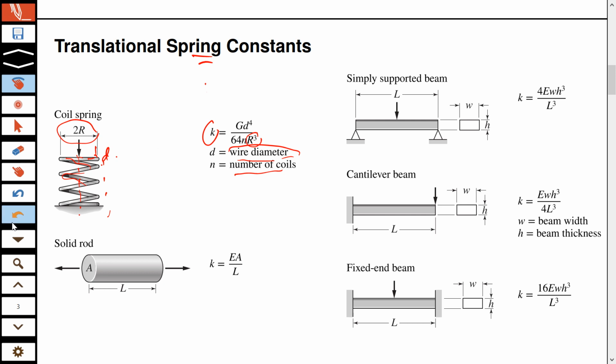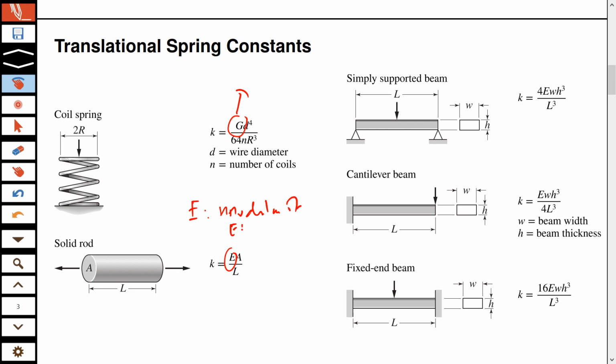Now what is different here, which is not in the geometry, is G. Although you are familiar with E, which is the modulus of elasticity, Young's modulus, this G is the modulus of rigidity.